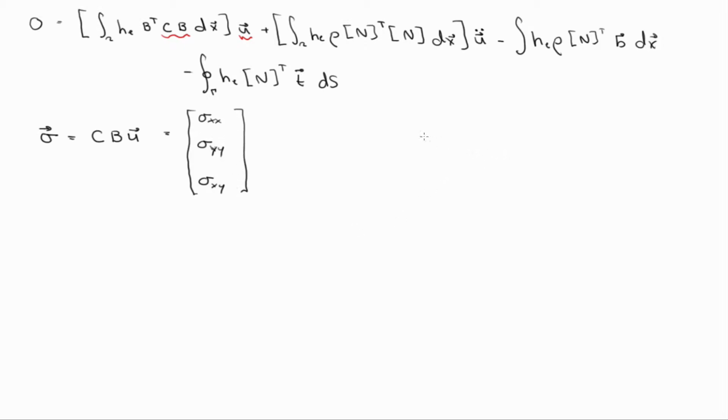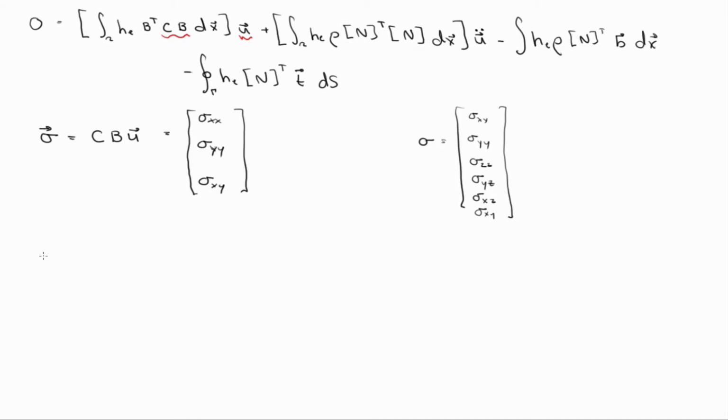But in 3D and in general, if you remember when we introduced that Voigt notation before, we had sigma xx, sigma yy, sigma zz, sigma xz, sigma yz, sigma xy. So that's going back to when we used the Voigt notation in the continuum. We covered elasticity in the continuum.